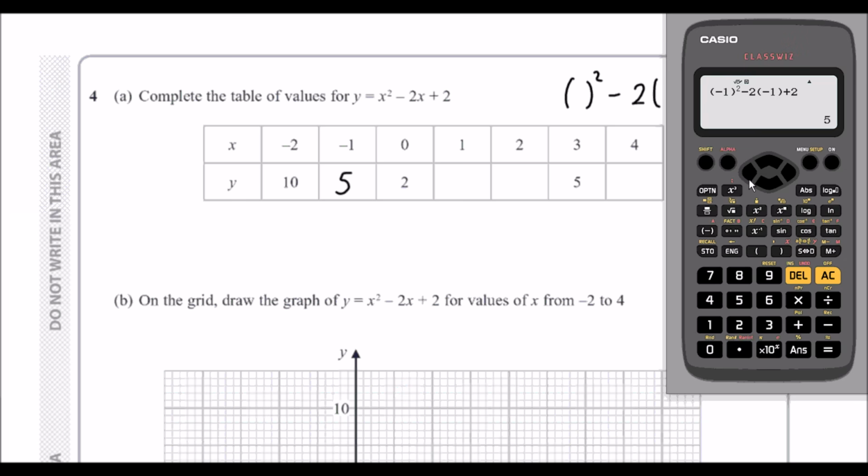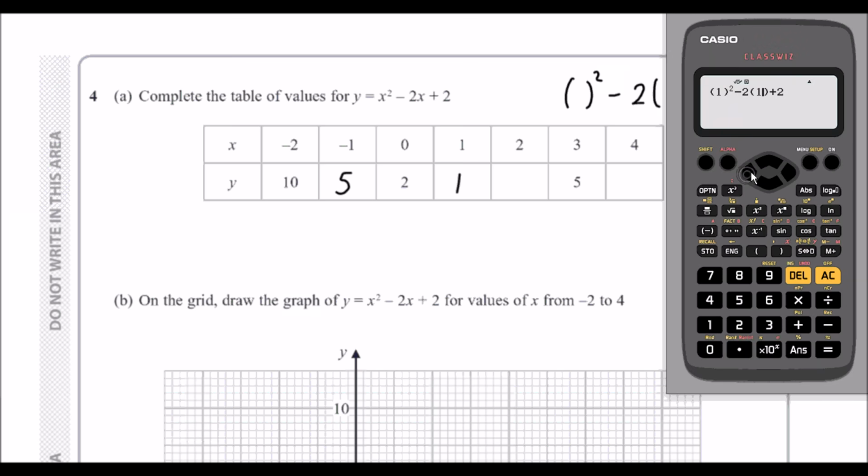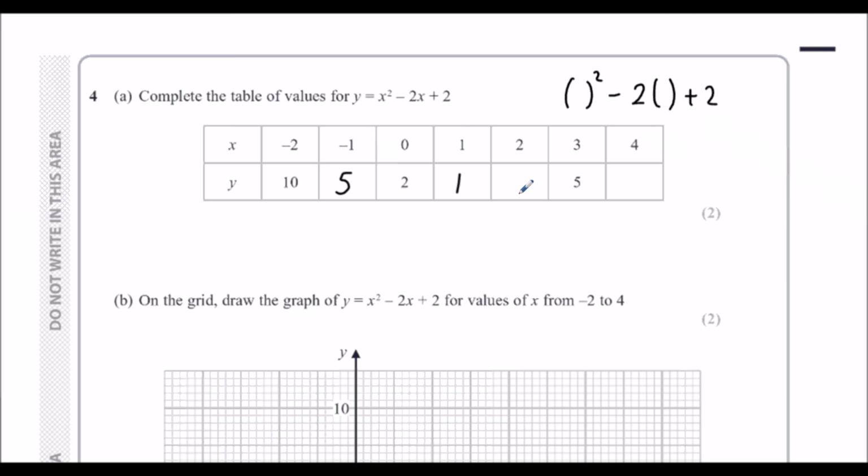Then when x is 1, so I'm not going to do 0, that was already done for us. When x is 1, y is 1. When x is 2, y is 2.